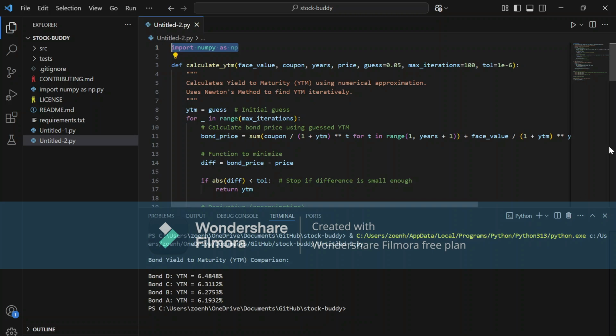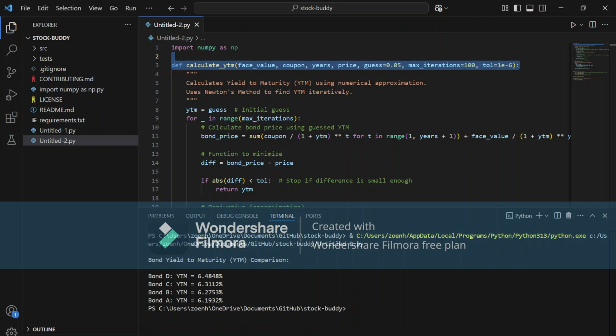Moving on to line 3, we want to define a function called calculate_ytm. It takes 5 inputs, which are our face value, coupon, years, price, and guess, to calculate the yield to maturity.